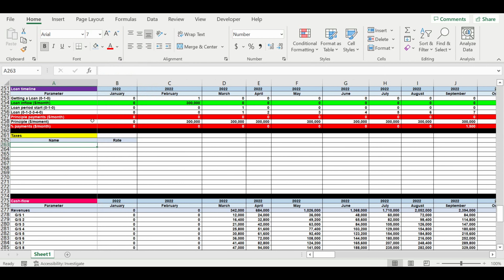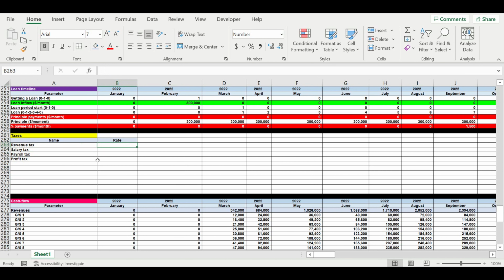So we'll have revenue tax, then salary tax, payroll tax, and profit tax. Here we will place the values.